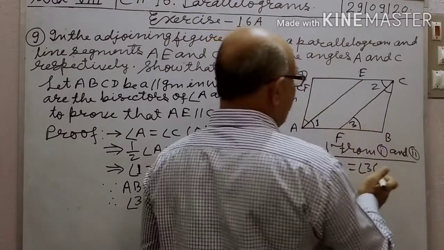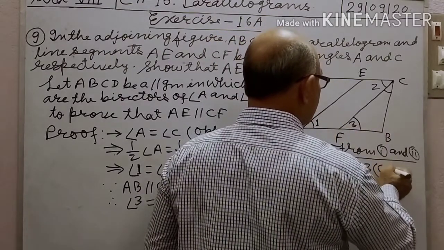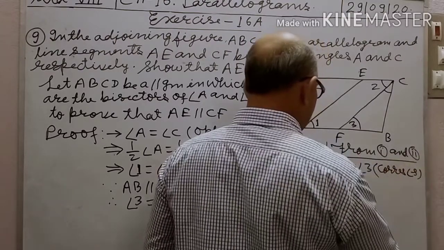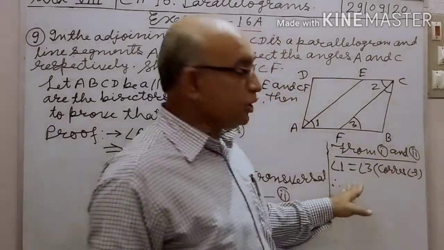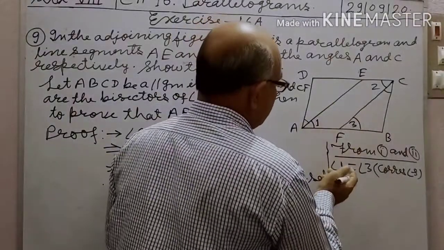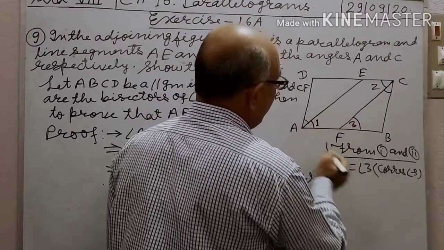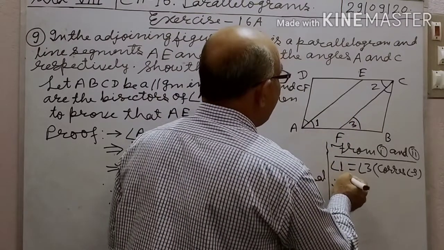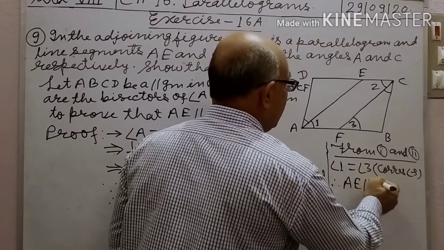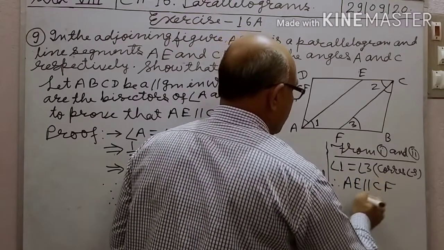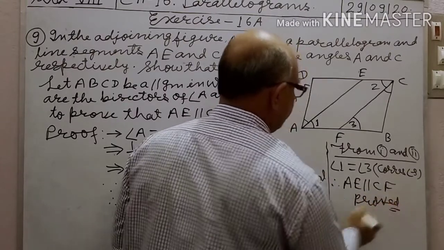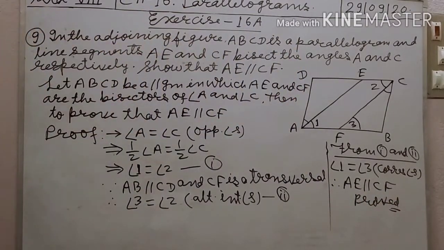It is a pair of corresponding angles. If a pair of corresponding angles are equal, then the given line segments are parallel. Therefore, AE is parallel to CF, proved. Understand and write it.